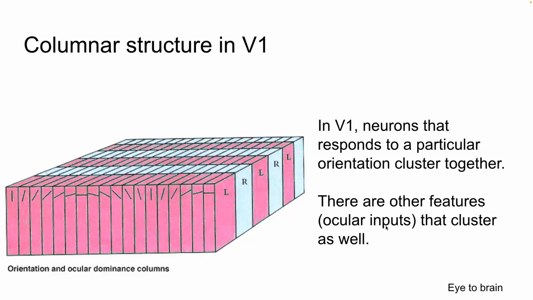And if the previous neuron likes this direction, then the next neuron is likely to respond to a similar direction. And if that one responds to the right eye input, but not to the left input, then again, the neighborhood neuron is likely to respond to the same eye input. So similar neurons tend to be located within the visual cortex in the neighborhood. That's very important when you think about the integrated information theory, but that's another story. Probably I need to explain it in week 10 or 11.